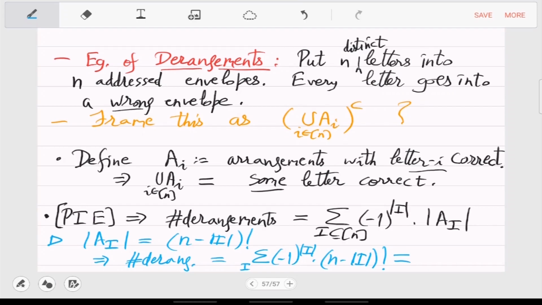And finally, you can simplify it because this value (n minus |I|) factorial only depends on the size of I. So you go over all the sizes.